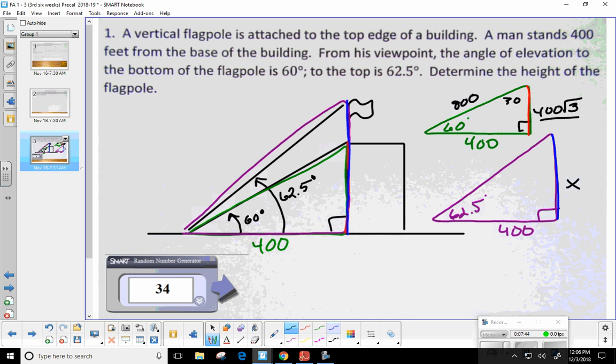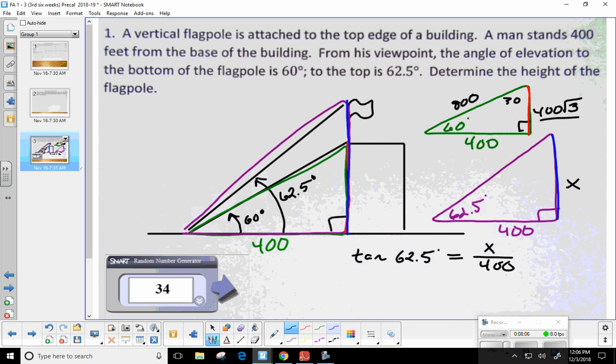X would be the opposite, 400 would be the adjacent. What's a trig function that uses those two? Tangent. Perfect. So I'd say tangent of 62.5 degrees equals the ratio, just like we did a long time ago when we first started looking at trig: the opposite x over the adjacent 400.